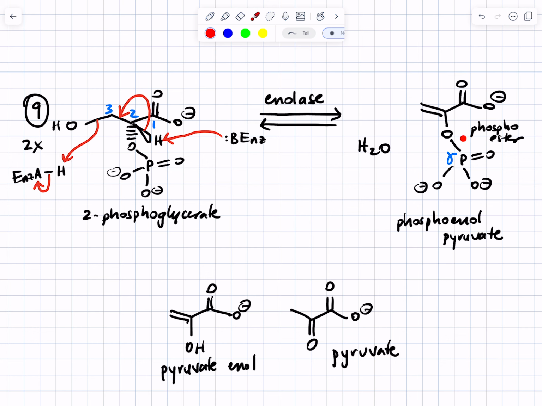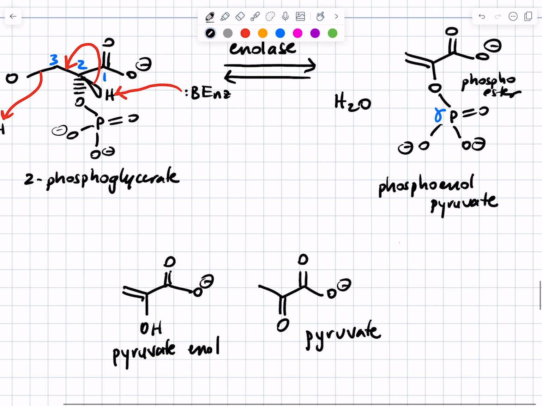It turns out that part of the reason this phosphoester is especially high in energy is the charge repulsion between the carboxylate and the phosphate.